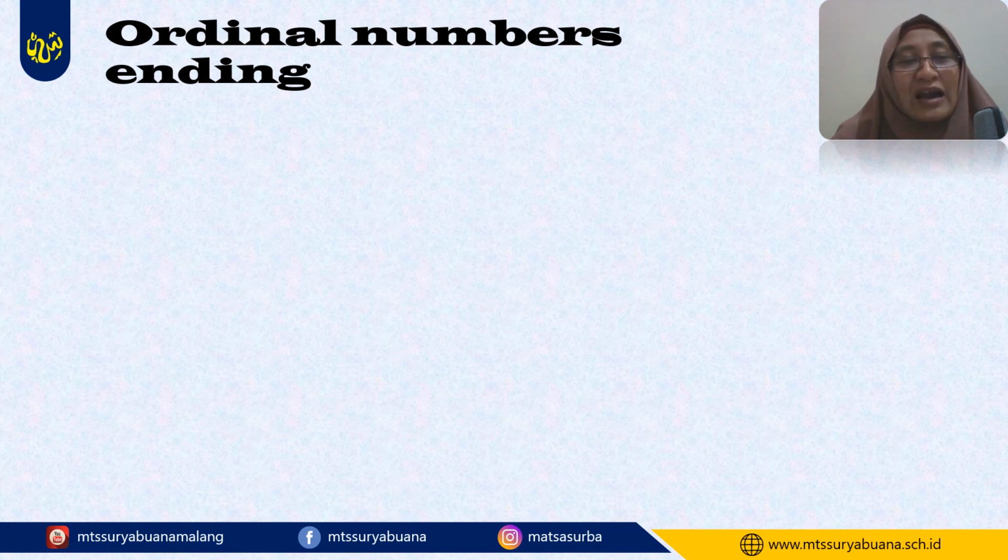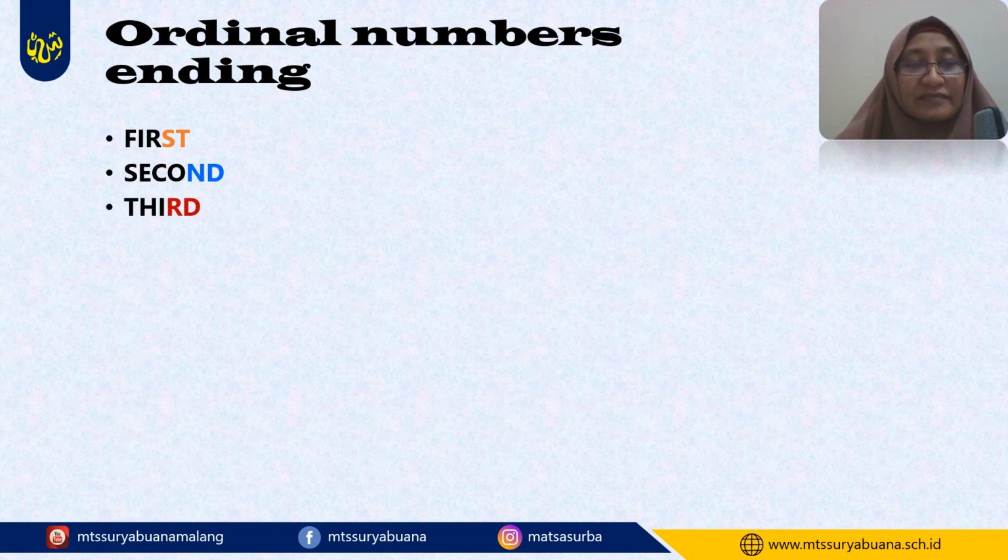Now, how ordinal numbers are written? Look at the ordinal numbers ending. Look at this. First ends with ST. Second ends with ND. Third ends with RD.